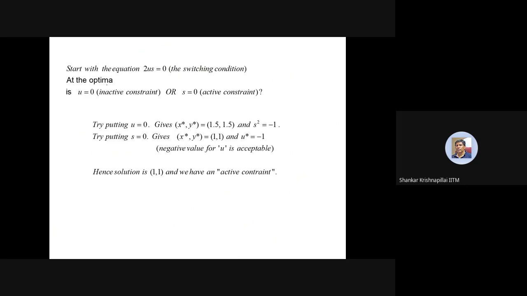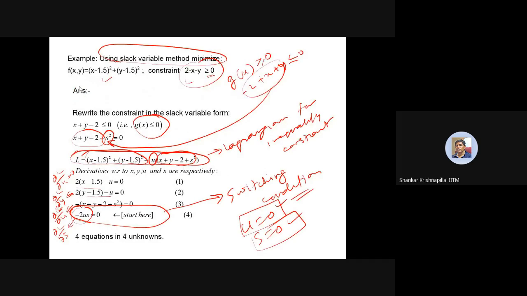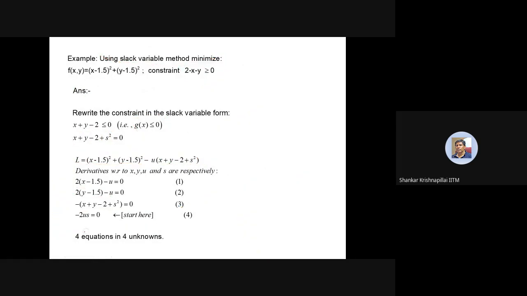So first let us put u equal to 0. If you put u equal to 0, then you get x is equal to 1.5, y is equal to 1.5.